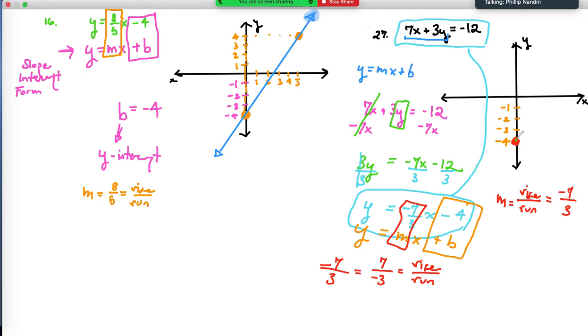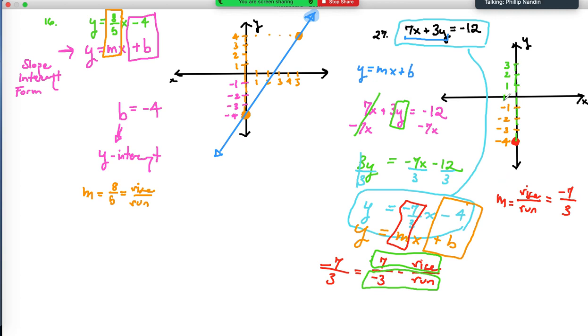1, 2, 3, 4, 5, 6, 7. Okay, so now I'm here. I went up 7, and that's a rise of positive 7. And then a run of negative 3. When your run is negative, you go to the left.